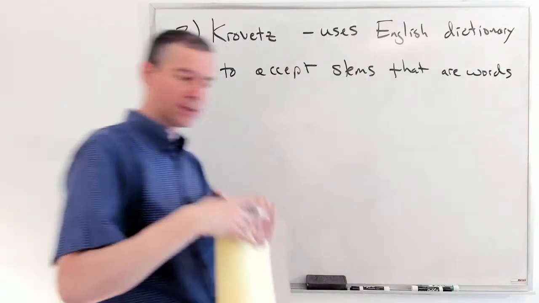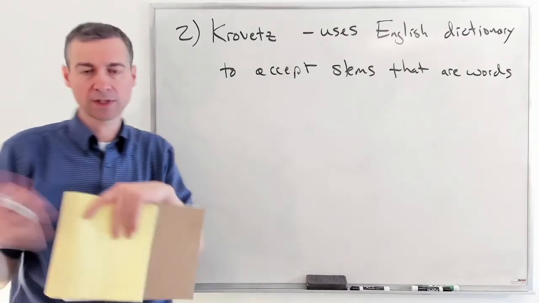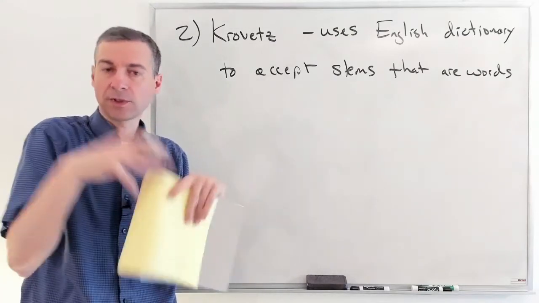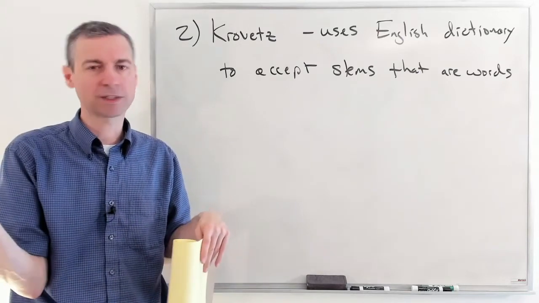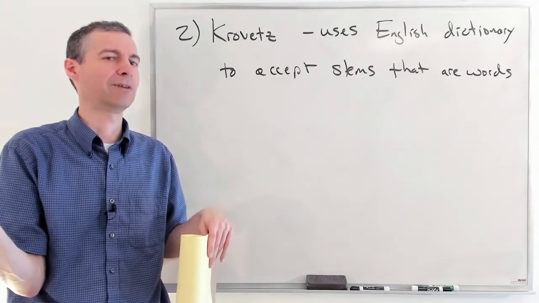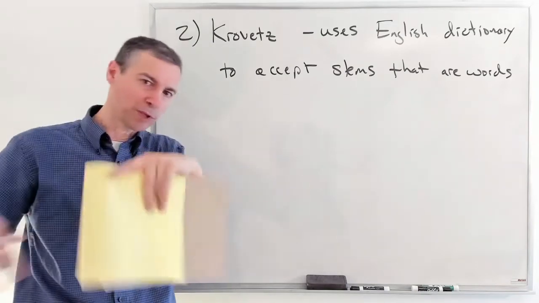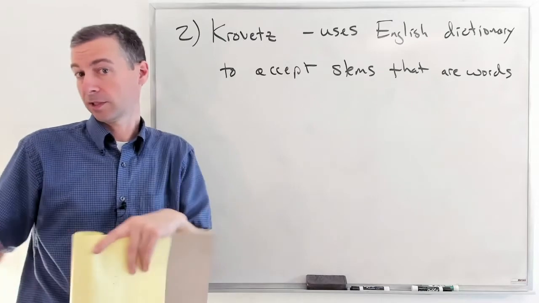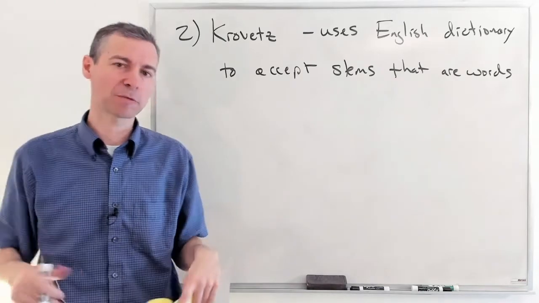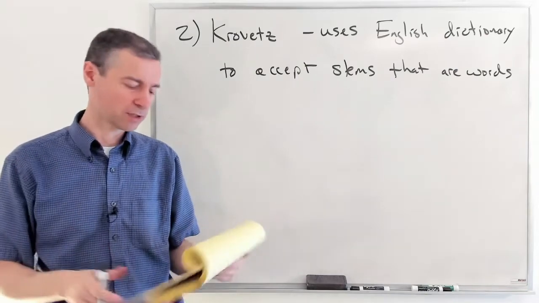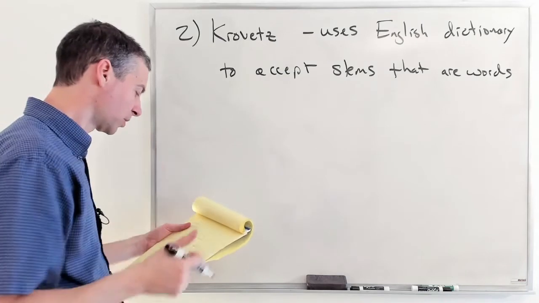So it has a bunch of internal rules like Porter does on how to stem. And when it says, oh, I'm going to try to make a stem via this set of rules, it then produces a stem and checks the dictionary. And the dictionary goes, no, that's not a word. Oh, okay, well, I'll apply some other rules to stem it. Did I get a word now? Oh, you did. Okay, that's the stem I'm going to use then. So it works very hard to try to keep them as English language words.